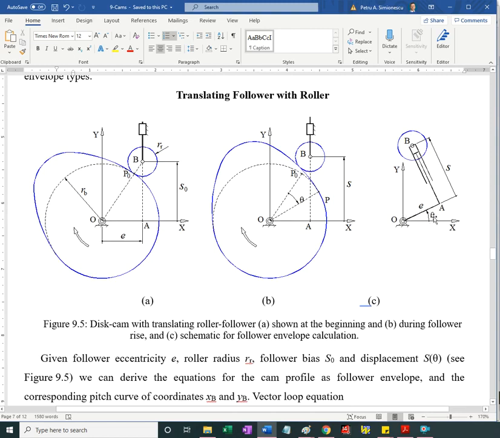So for a given theta, given the associated s, you find xb, you draw the circle corresponding to the roller. Of course, plotting just xb yb will give you the pitch curve, and that pitch curve is the actual cam, in case your goal is to design a knife edge follower with a rotating cam.